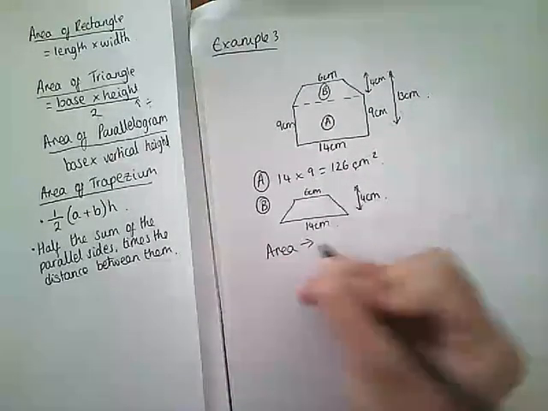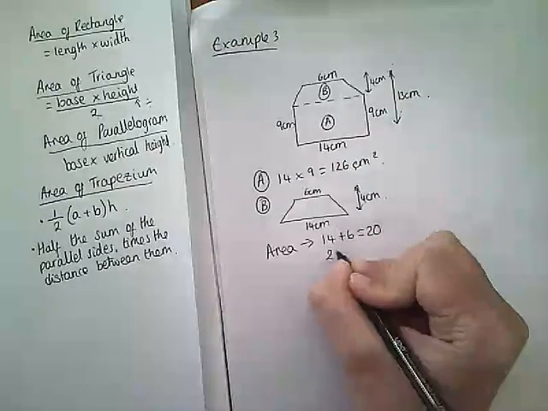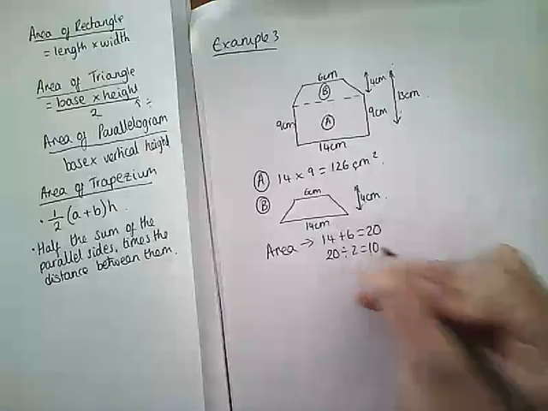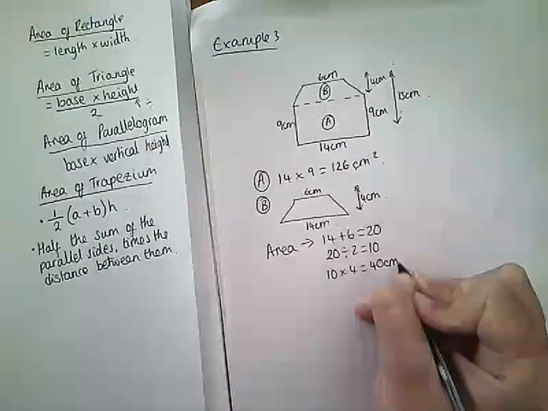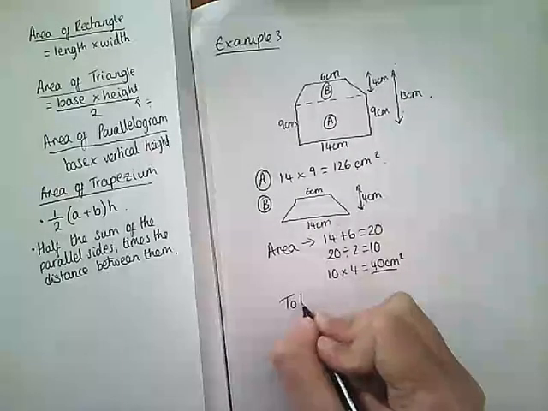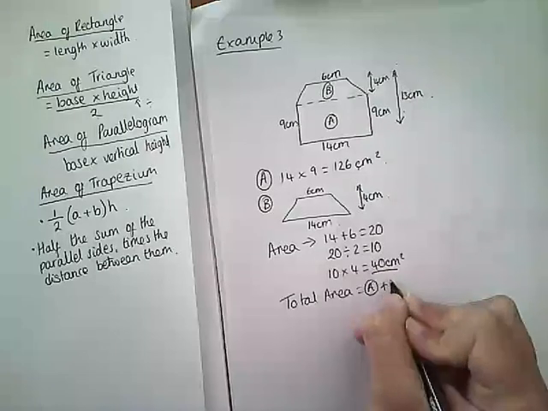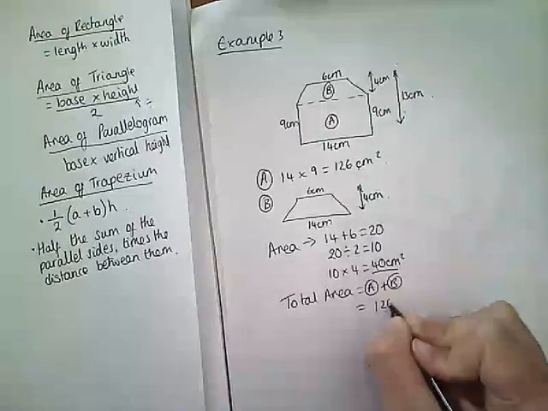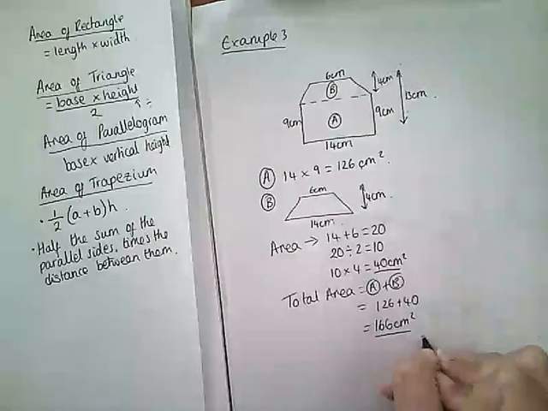So we add our parallel sides, we half it, and we times by the distance between, which makes 40 centimetres squared. So overall, our total area is A plus B, and that is 126 plus 40, which makes 166 centimetres squared.